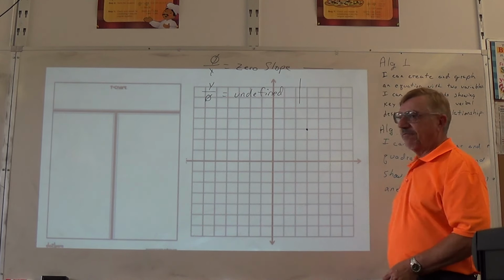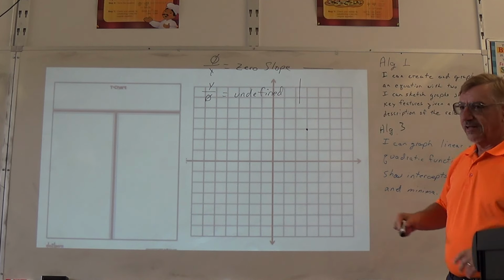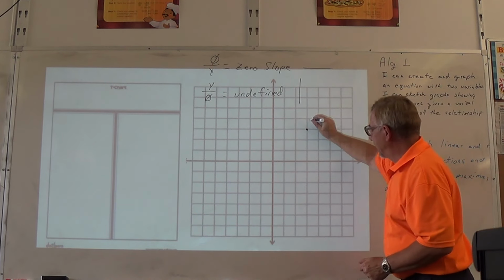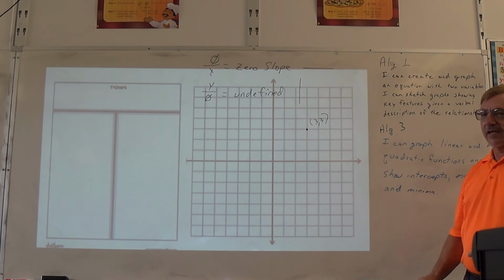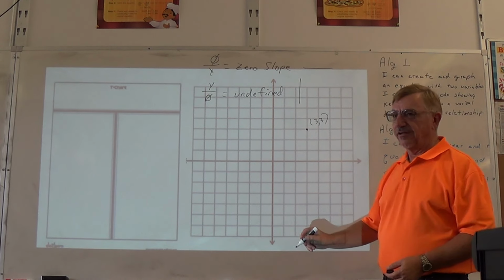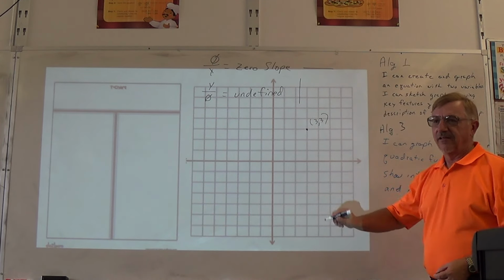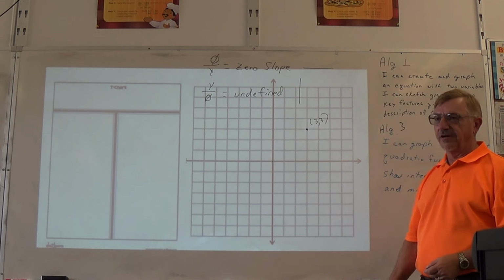If I have a point there at 3, 3, and I want to know what my slope is, I can calculate that. I can pick another point. This is all based on the 0, 0 point of origin.